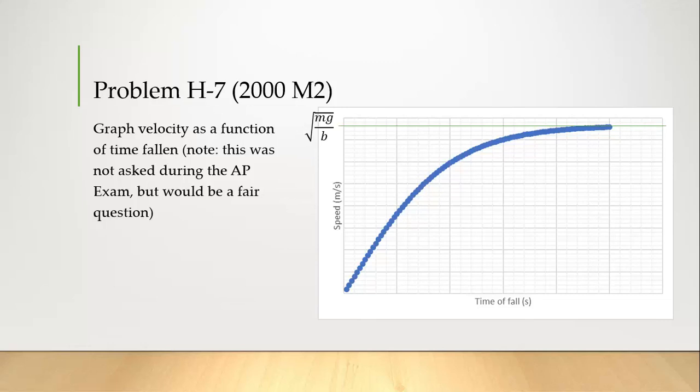So they kind of asked to graph velocity as a function of time in this case. Probably what they're going to look for are a few things. One is that you have an asymptote and that you've labeled the asymptote with the terminal velocity. One is that you started off with a slope that was nearly linear and it kind of curved toward that asymptote.